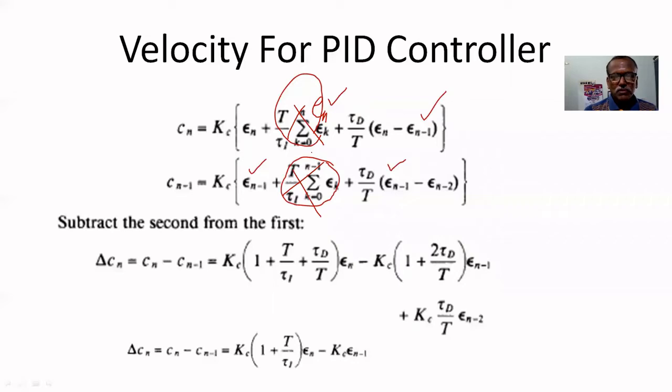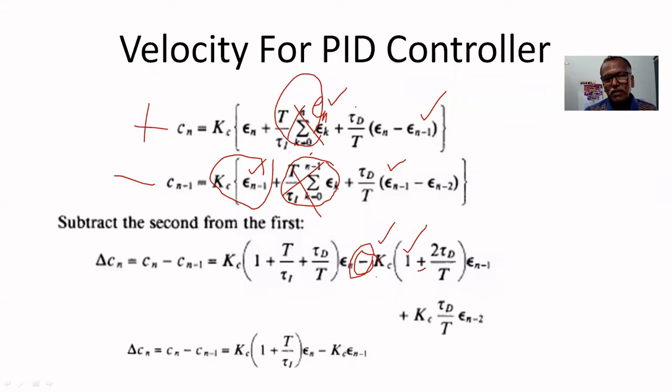So only 3 terms. What is the coefficient of this? Kc. The minus sign is outside because we are subtracting this from this, so all these terms are plus and those are all minus. Kc alone is there for this. For the next, Kc Td by T E of n.